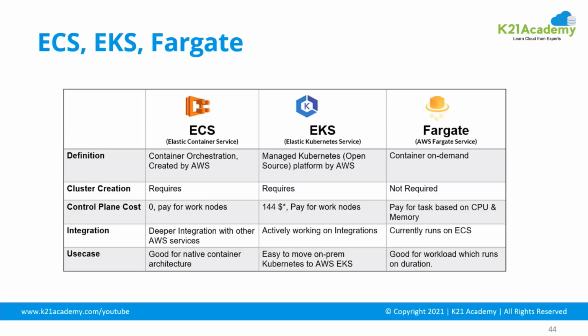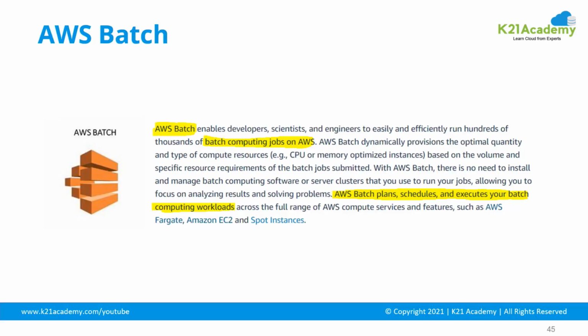We have a dedicated bonus module where we go into detail about ECS, EKS, and Fargate, so we'll cover that a little bit more there. But for the time being, assume ECS, EKS, and Fargate are the serverless implementation of Docker and Kubernetes on the AWS cloud.